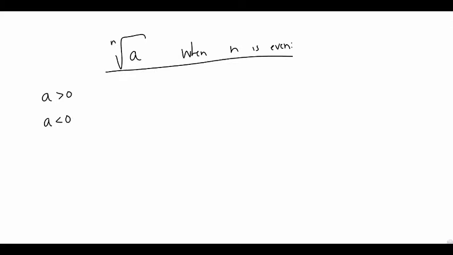Let's summarize what we saw at the end with those last two examples. That was dealing with the square root in those examples, but generally, whenever you're taking an even root of a number, you have the following two possibilities. When the radicand, the number under the radical sign, is positive, we saw that the nth root does exist, and it is positive.